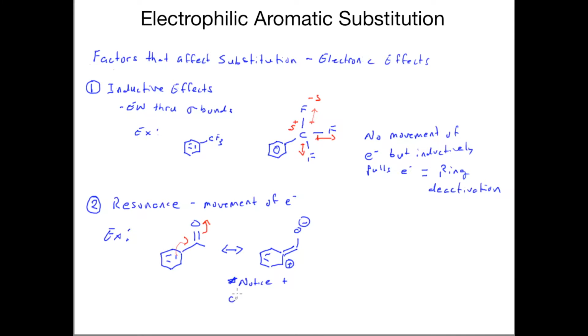So you can see that we have indeed this positive charge that's on the ring. If there is a positive charge on the ring, then that means that you don't have sufficient electron density to really attack anything else. You're pulling those electrons out of the ring.